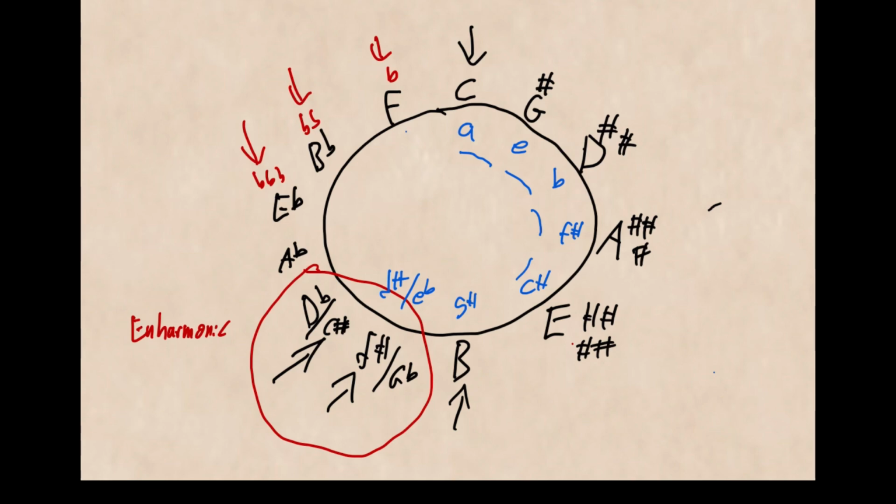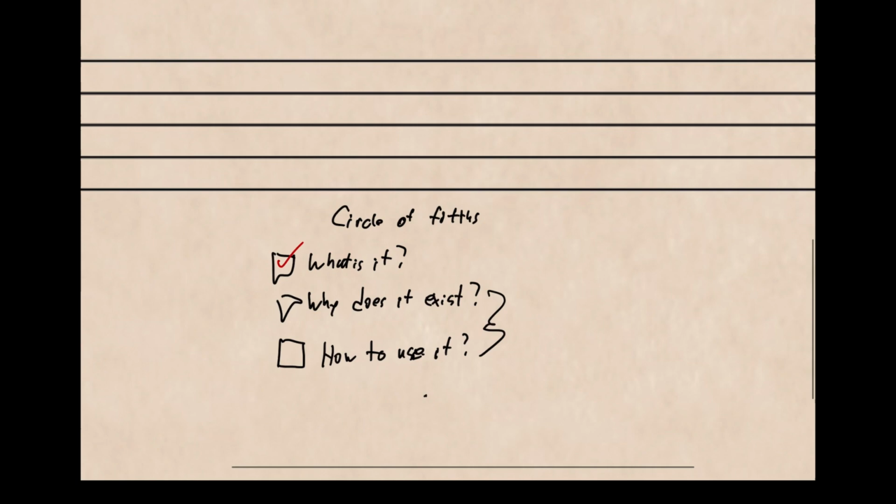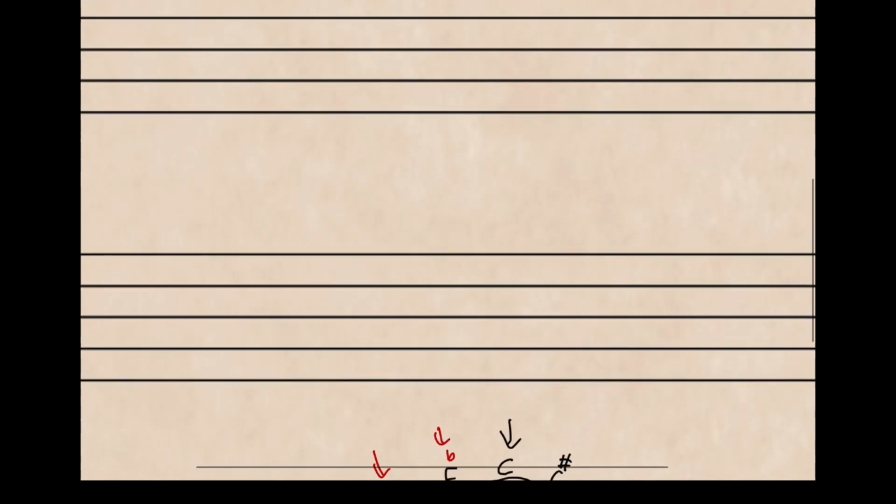So this is D minor, G minor, C minor, and F minor. Everything is traveling in fifths. So it helps you with the major keys and helps you with the minor keys to remember. So now the last question is, how do I use it as a beginner here in music theory?